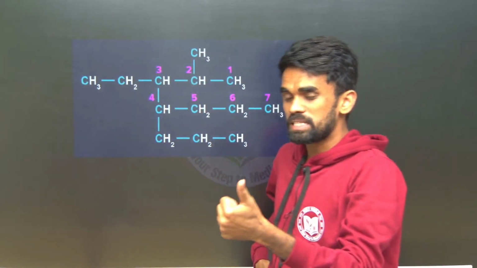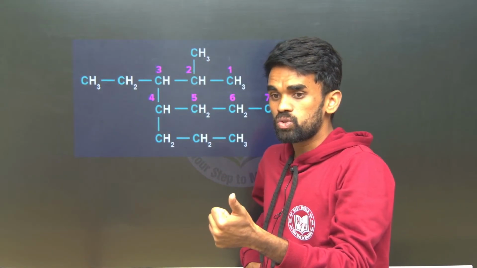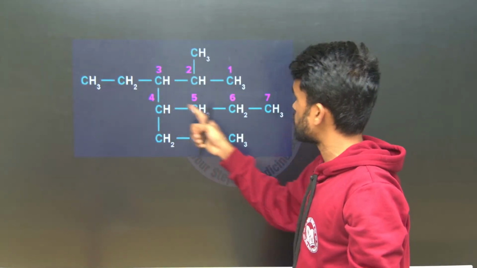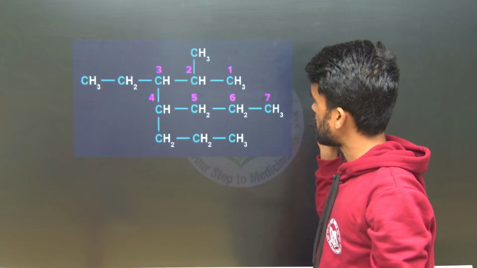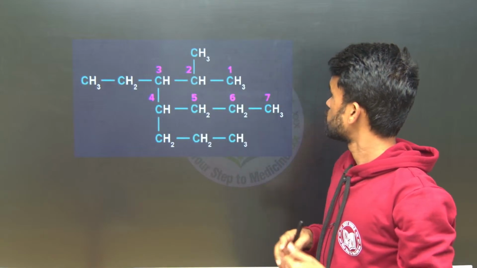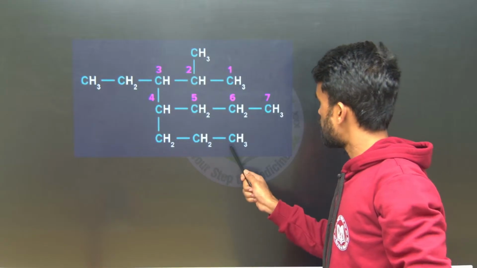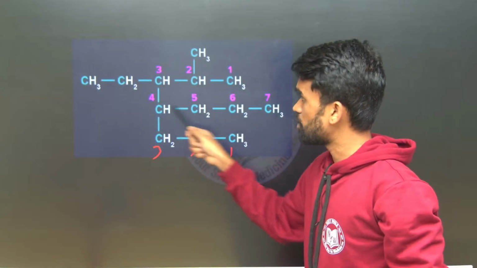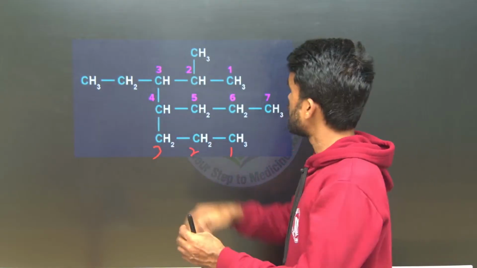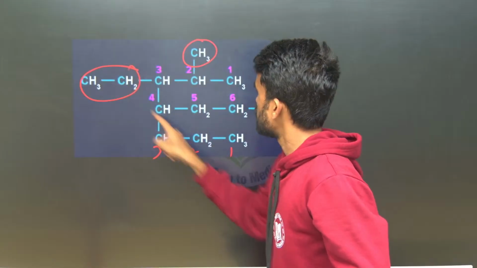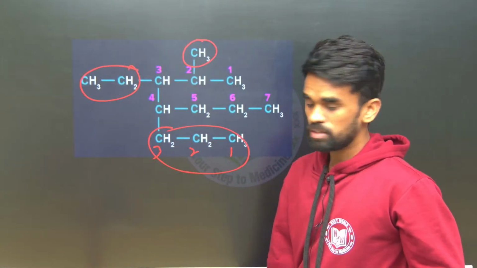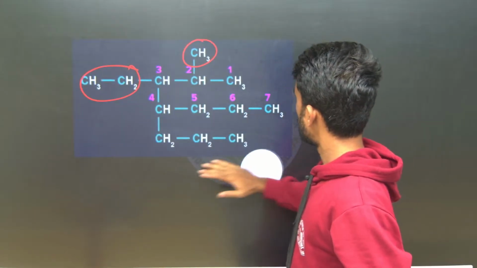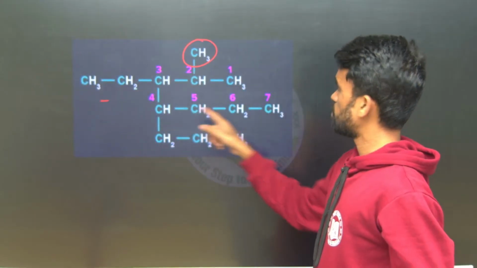If the number of carbons is the same, then you choose the chain which has more substituents, and this one has more substituents here. Even if I come from here, 1, 2, 3, this also gives 7 only, but I am choosing from the above side because it has 3 substituents. That's why I am choosing this as the parent chain. So we get only 6. How? This is 3 plus 4, 7.